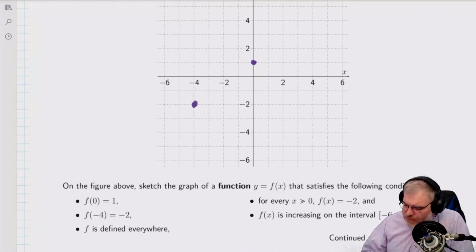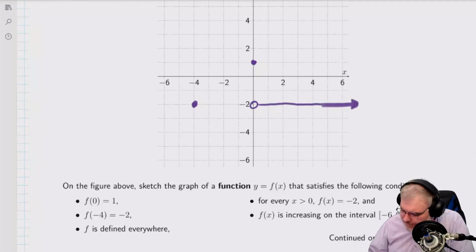For every x greater than 0, f of x equals negative 2. Okay, so that means that for any x greater than 0, y equals negative 2. And then I want f to be increasing on the interval negative 6, 0.